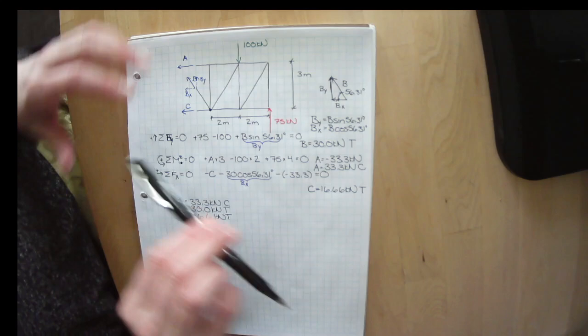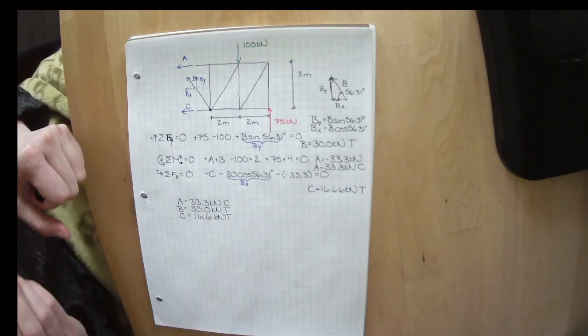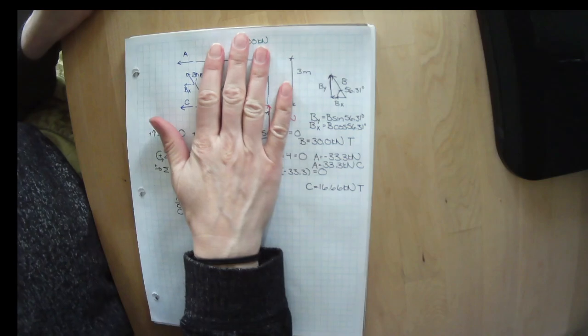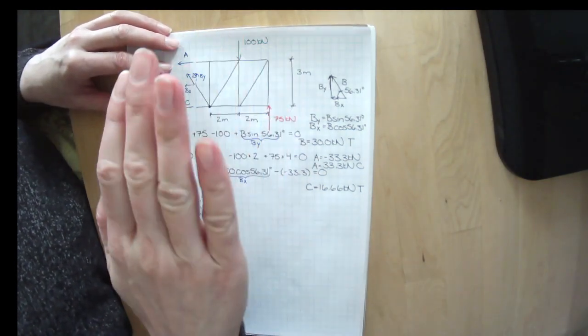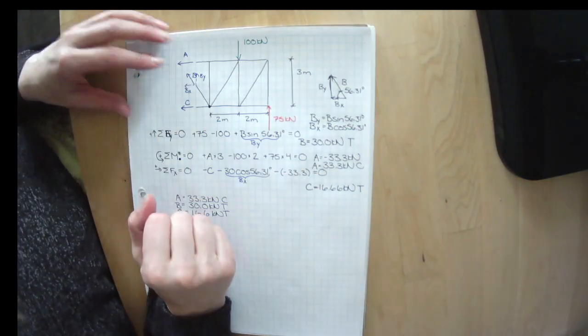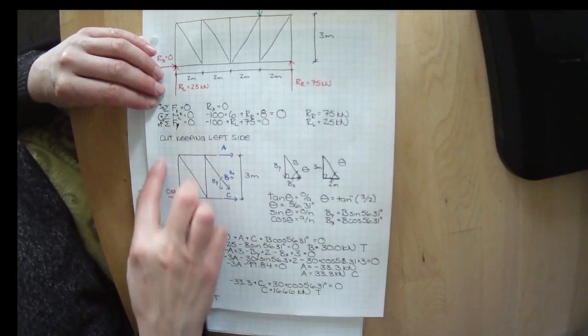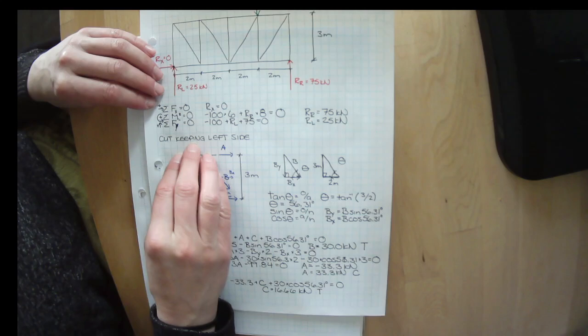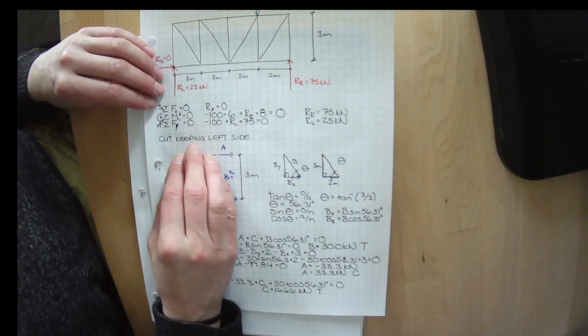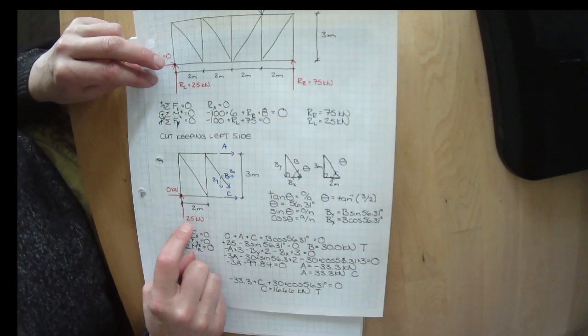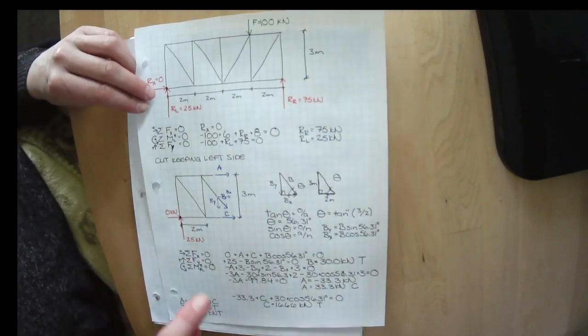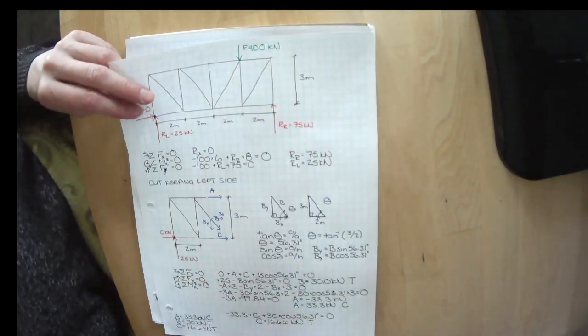So now we know it doesn't matter what way we cut it, as long as we include all the forces and reactions that happen on the side we keep. We didn't need to draw the 100 kilonewtons here because it wasn't applied in the section that we kept. But we know that that 25 kilonewtons is directly related to that 100 kilonewtons.